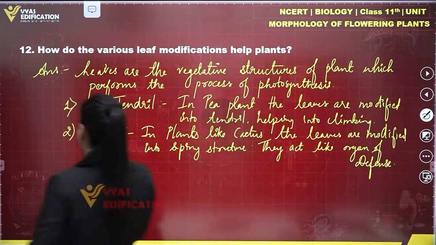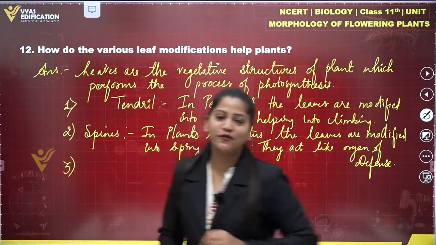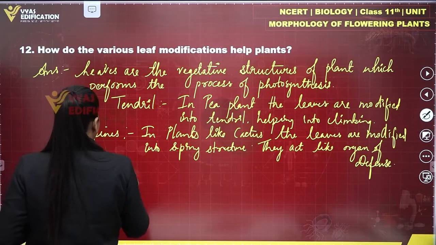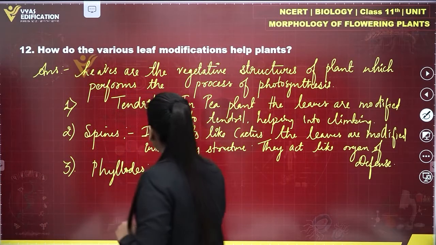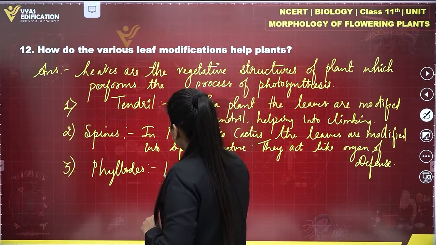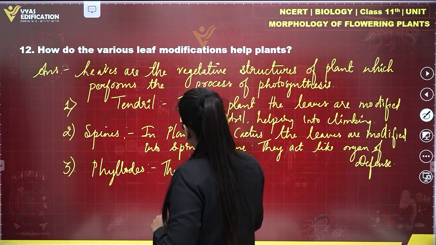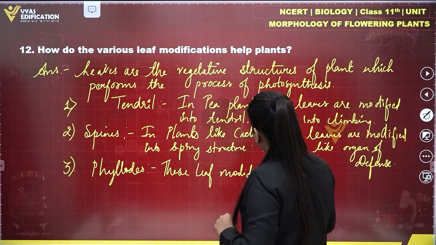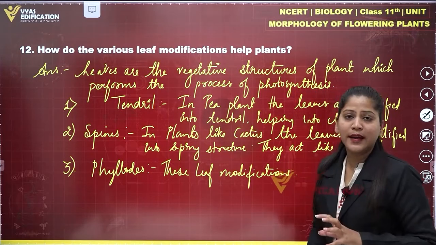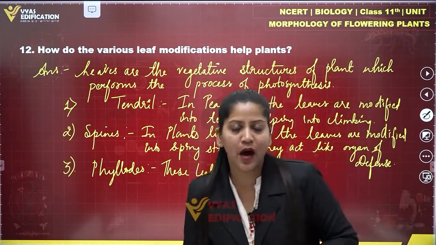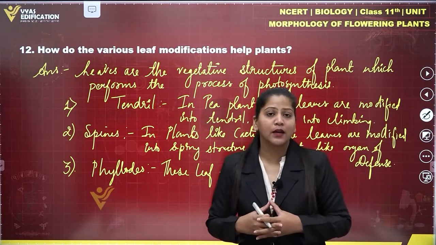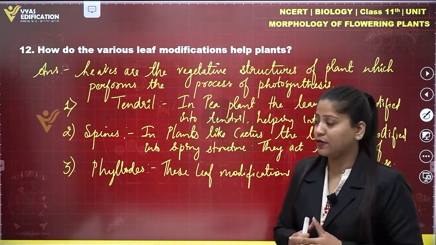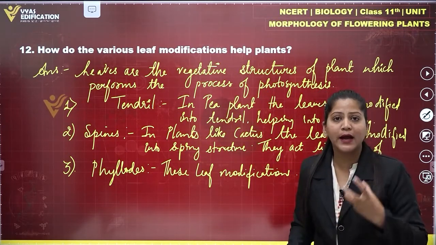Then the third type of leaf modification we have is phyllodes. In some plants like Australian acacia, the leaves are short-lived and are replaced by phyllodes, which are the modified leaves.